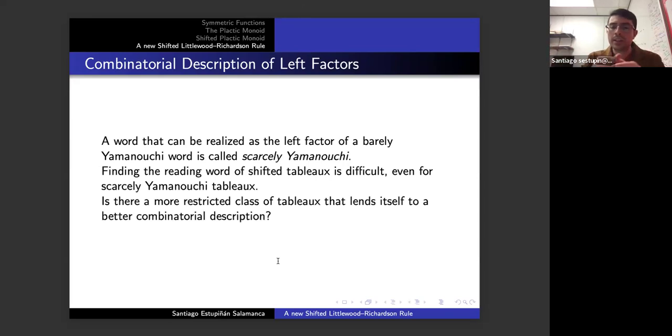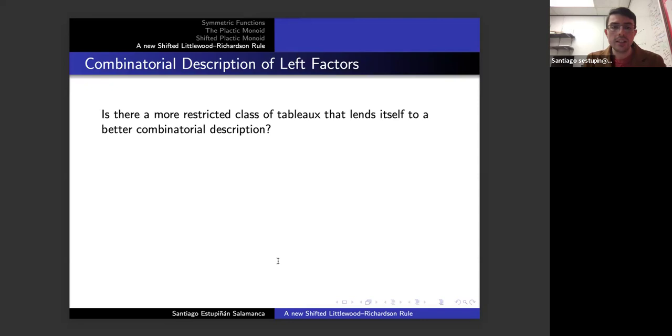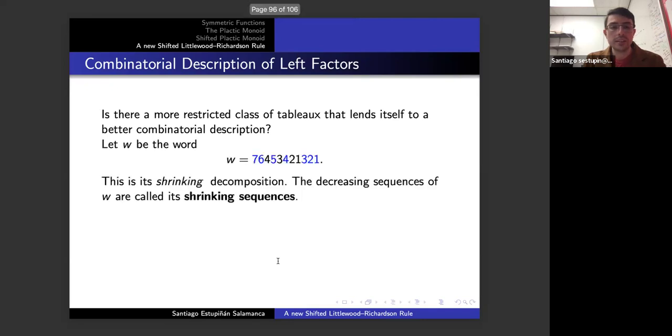Maybe there is a smaller class of tableau that we can read, and hopefully in such a way that we can still count the coefficients. And to motivate this class of words that solves this problem, I consider the notion of shrinking sequences. So a shrinking sequence or a shrinking block of composition is obtained by taking the greatest element in the word, in this case 7, decreasing by 1.